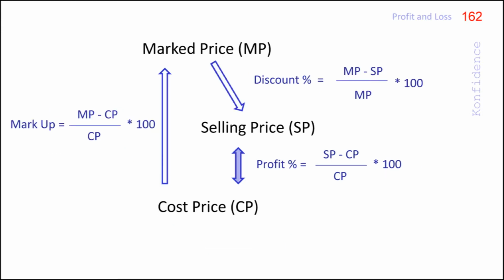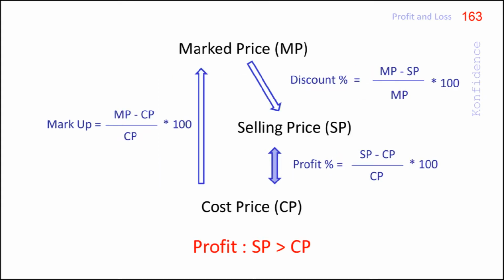The pictorial representation of a case where there is a profit is given in the slide. Understand the conceptual diagram? Observe that in the case of profit, selling price will be higher than cost price.